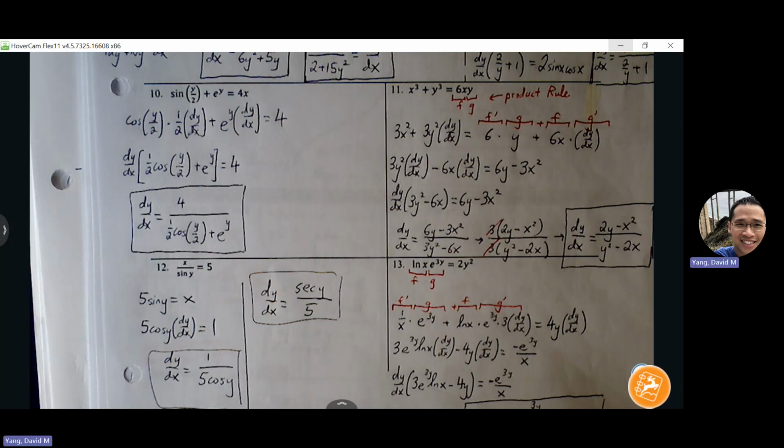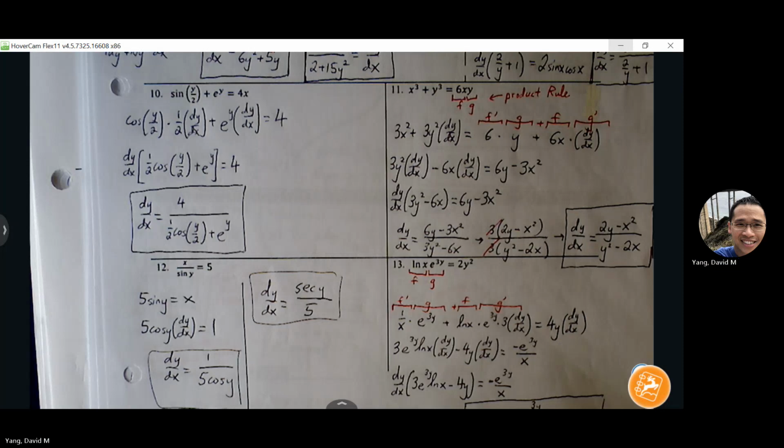Put it in, right? dy/dx equals that. But we still have to go through quotient and implicit to get to the second derivative, right?